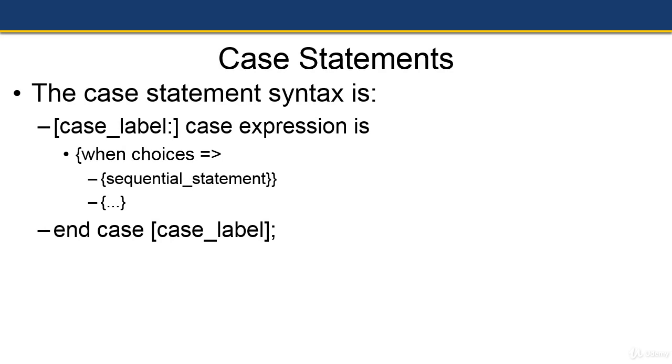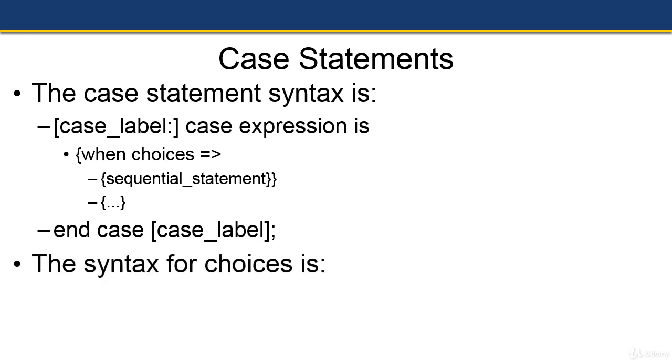Expression is basically the selector of our case statement structure, followed by when choices equal greater than. Choices is basically the different choices we can execute, with subsequent sequential statements. And we can have one or more when choices statements. The case statement is terminated with the end case statement.